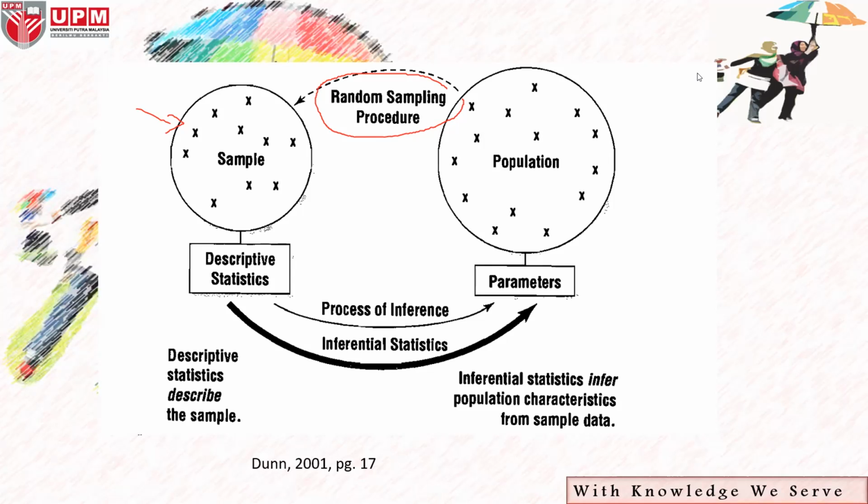What do you understand by random? It depends on our focus group, Doctor. Target population. Random has no target. With no target, how do we collect the data? Can't. What do you mean by random? When we mention random, what does it mean?